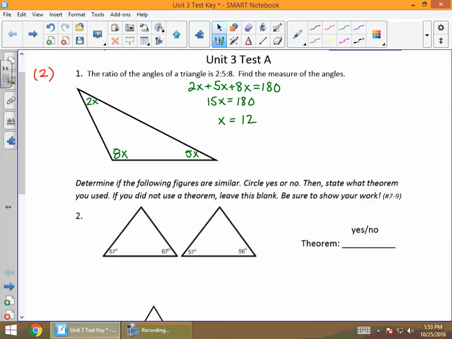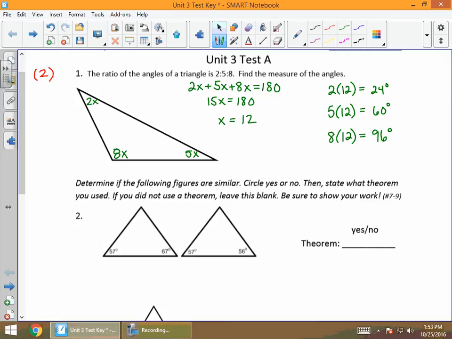But it also says find the measure of the angles. So I actually have to go back and find the angles. So that means 2 times x is 24 degrees. 5 times x is 60 degrees. And 8 times x is 96 degrees.